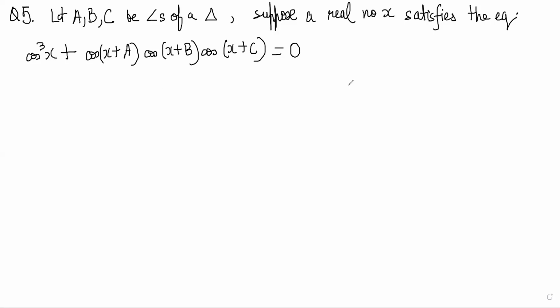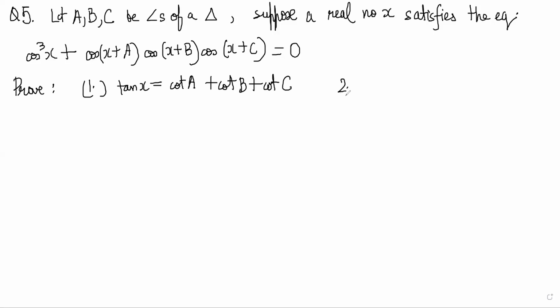We have to prove that 1, tan x is equal to cot a plus cot b plus cot c. And 2, we have to show that secant square x is equal to cosec square a plus cosec square b plus cosec square c.